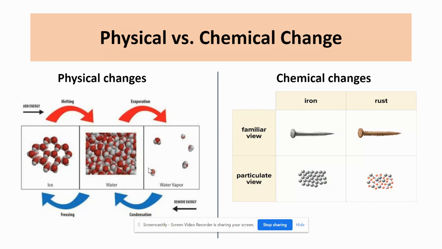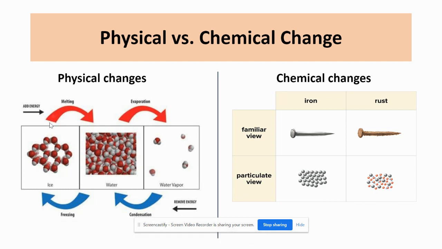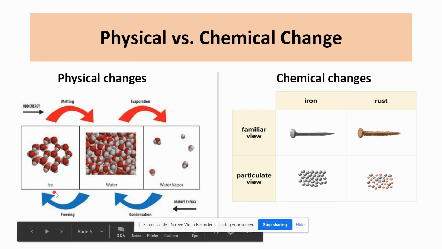Okay, so now, besides physical property and chemical property, we have another thing that we call physical change and chemical change. Physical change means that you just physically change. You're not changing the chemical composition of that compound. Something like ice.